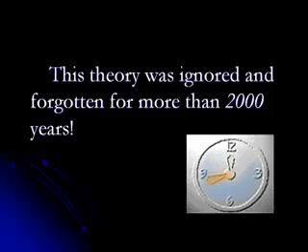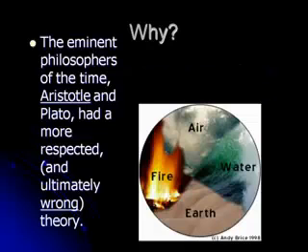Okay, and again, he was not the most popular Greek philosopher, and so it took a long time for people to really accept his model and develop it. And the reason is, Greek philosophers that you probably are very familiar with, Aristotle and Plato, had this other theory that all matter was composed of 4 components: air, fire, water, and earth, and they combined in different ways to create all of the different types of matter.